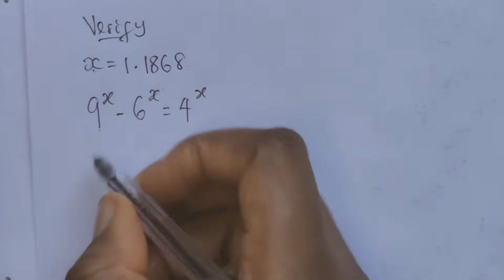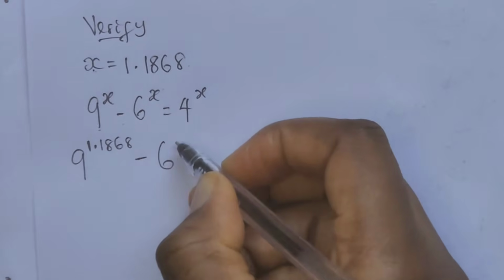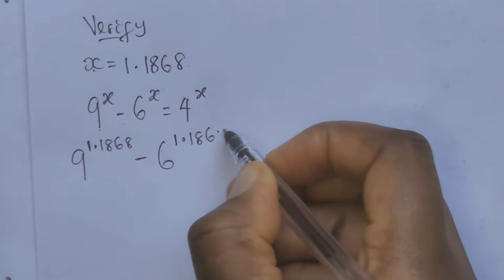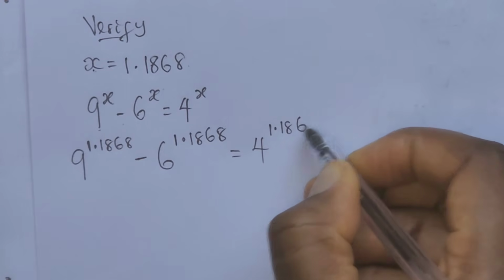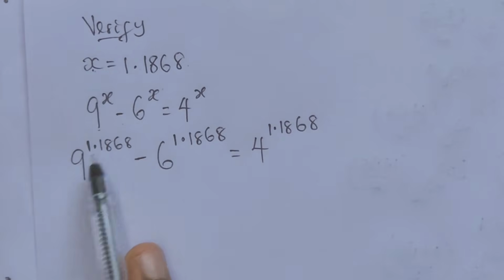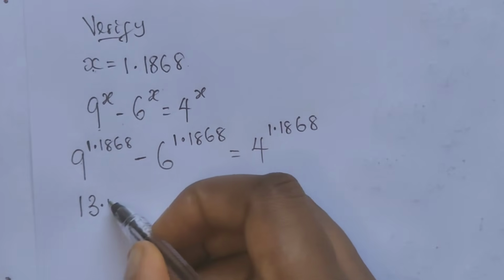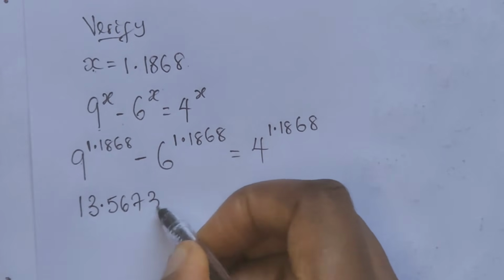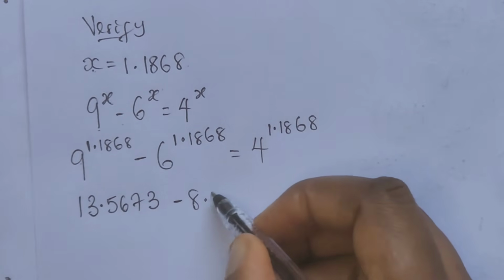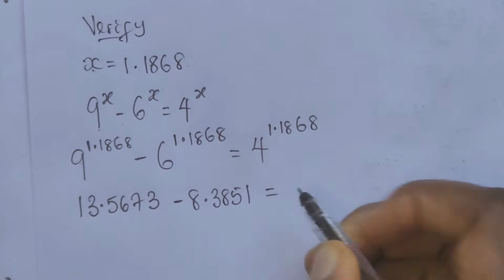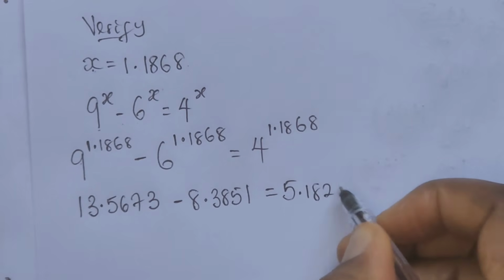So we'll be imputing the value of x to have 9 to the power of 1.1868 minus 6 to the power of 1.1868 equal to 4 to the power of 1.1868. So 9 to the power of this will give us 13.5673, minus 6 to the power of this, we have 8.3851, equal to 4 to the power of this, we have 5.1823.